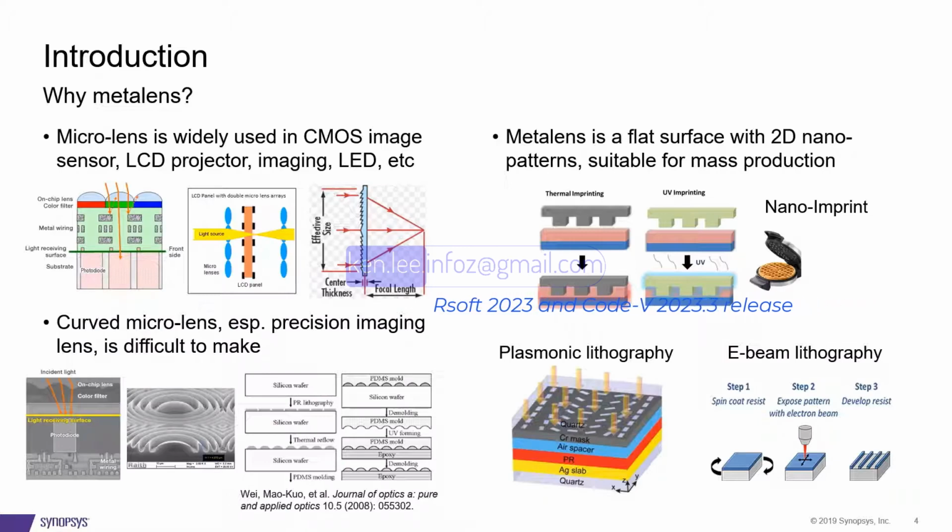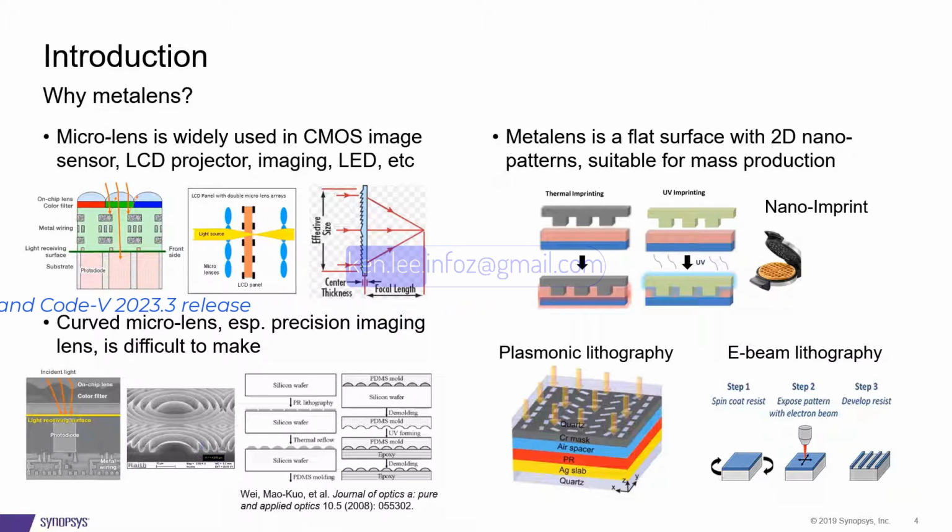However, it is very difficult to make curved microlenses, especially if they require a very accurate curvature. And of course, this is a very complex procedure. Metalens, on the other hand, is a flat surface with a 2D nanopattern. So you can do this with a single etching step, so it's suitable for mass production and cost reduction.